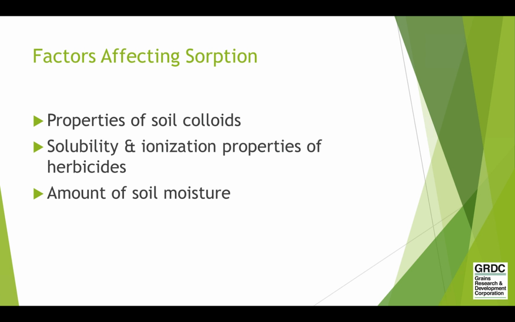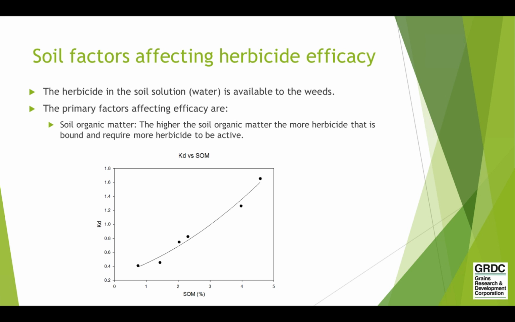Since the 5 herbicides we're talking about today are all non-ionizable, meaning they don't take either a positive or negative charge, it's really the water solubility that determines how much they're bound to the soil particles. The third factor is the amount of soil moisture, because the herbicide has to be in soil water in order to be effective. If there is no soil water, in a very, very dry soil, then the herbicides are not available to the plant.